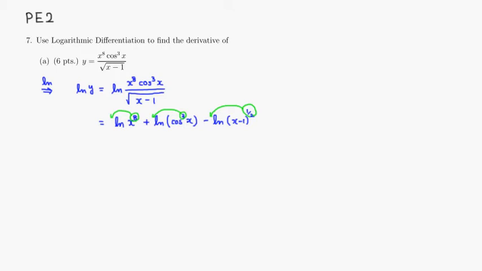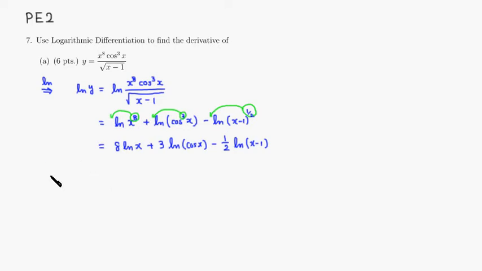So you get 8 in front of natural log of x, plus 3 in front of natural log of cosine of x, minus 1/2 in front of natural log of x minus 1. So that's the right hand side simplified.